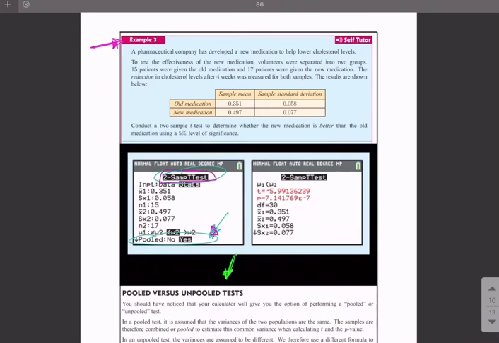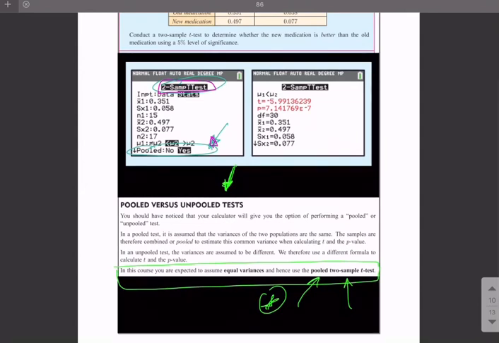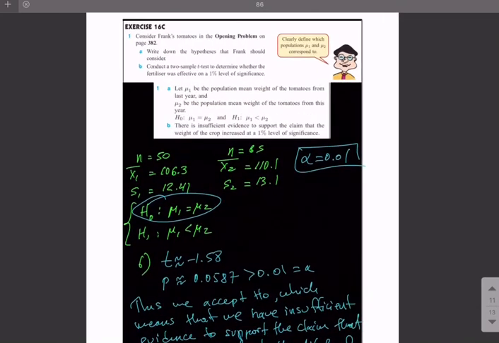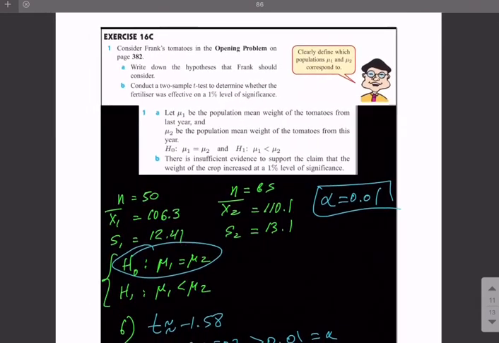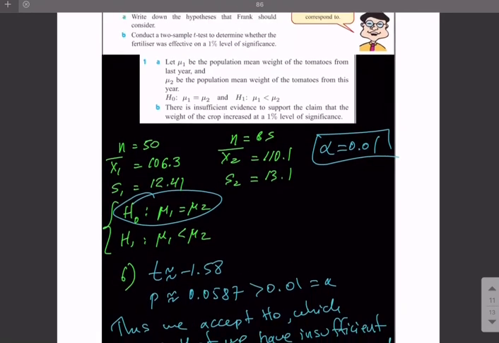So in our course we will always use the pooled 2 sample t-test. You will always have to click yes on this option, always. So I'm going to go over the first question, which is the question that we started the topic with, so you can do the homework for tomorrow.